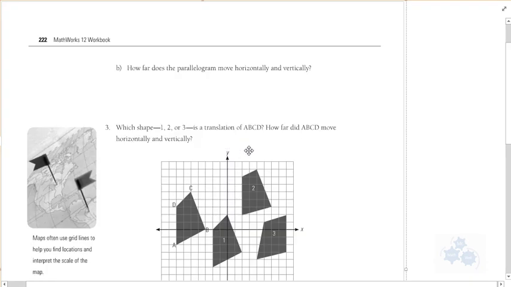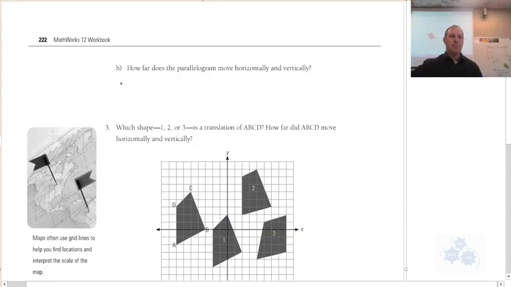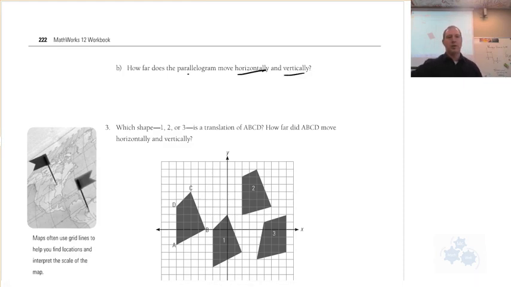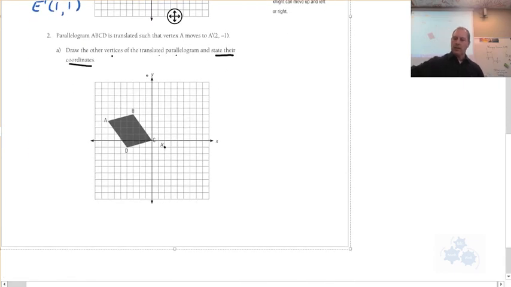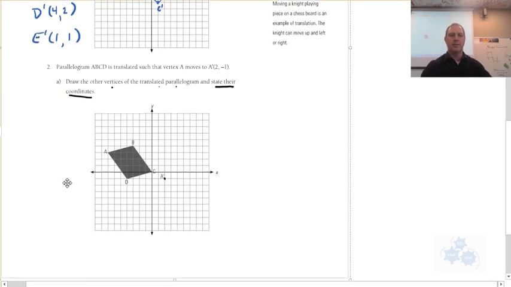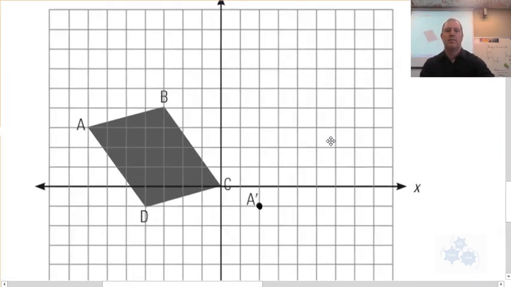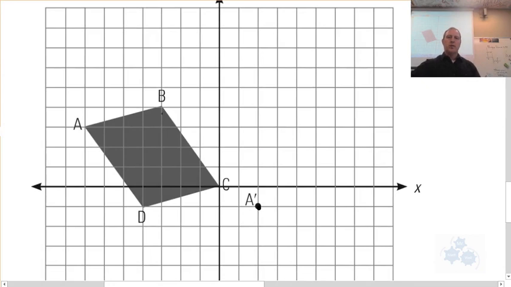Okay, so looking at question B, it says how far does the parallelogram move horizontally and vertically? So what is the shift here? Can anyone tell me? Looking at the 2 points that we've already looked at here. Whoops, let me zoom in there for you. So you guys have finished this, right? The parallelogram moves from A right here.